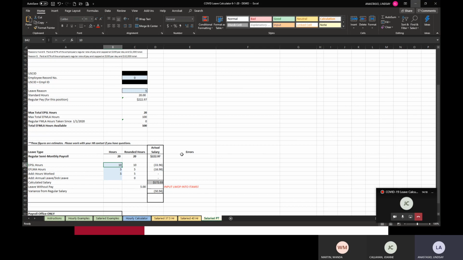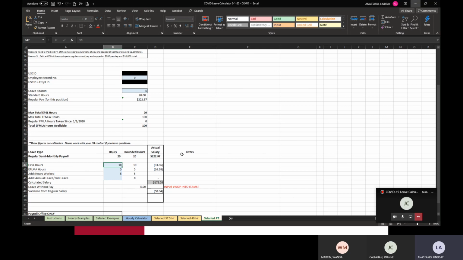For salaried employees, what these calculations do is the employee starts out with their regular semi-monthly payroll, and as adjustments are made for EPSL, EFMLA, and annual leave, it adjusts how those hours are bucketed.